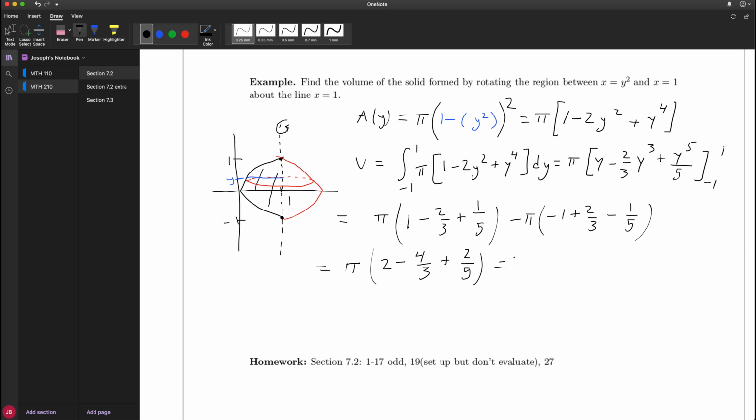And simplifying, this is pi times common denominator is 15. We get 30 minus 20 plus 6, all in the numerator, which simplifies to 16 pi over 15.